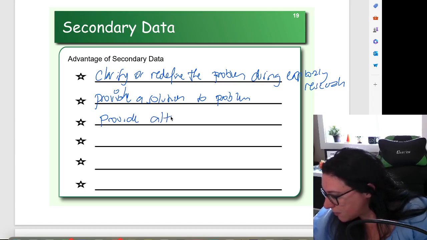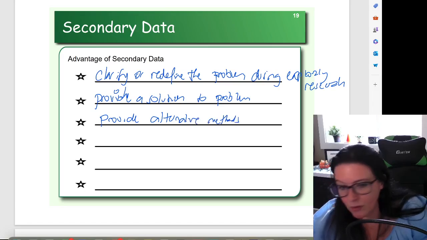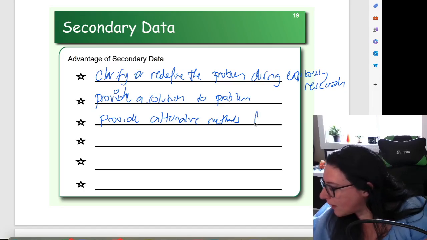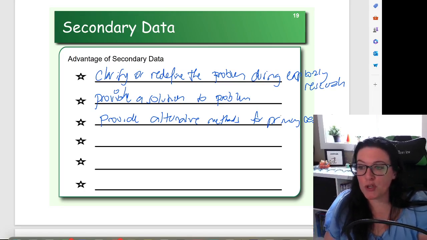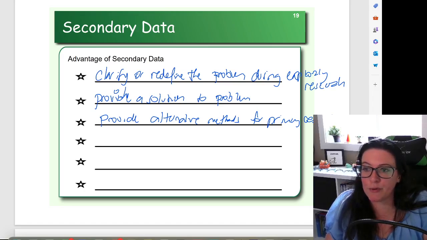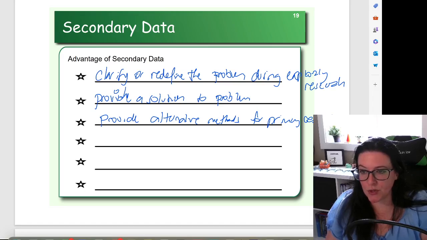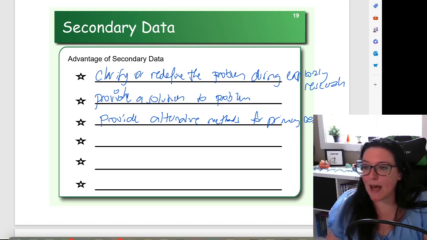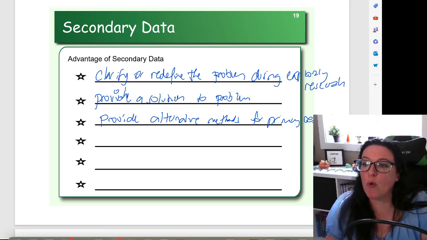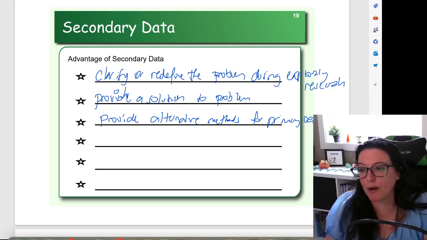We could use secondary data to provide alternative methods for our primary research. We're not sure if we should be doing surveys, interviews, or observational research. So we could use secondary data to help inform the research methods or research design that is most appropriate for the scenario.